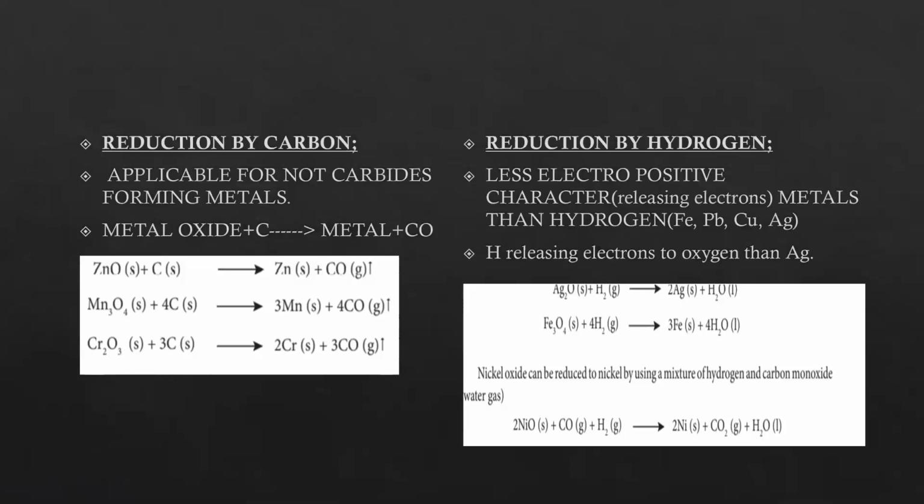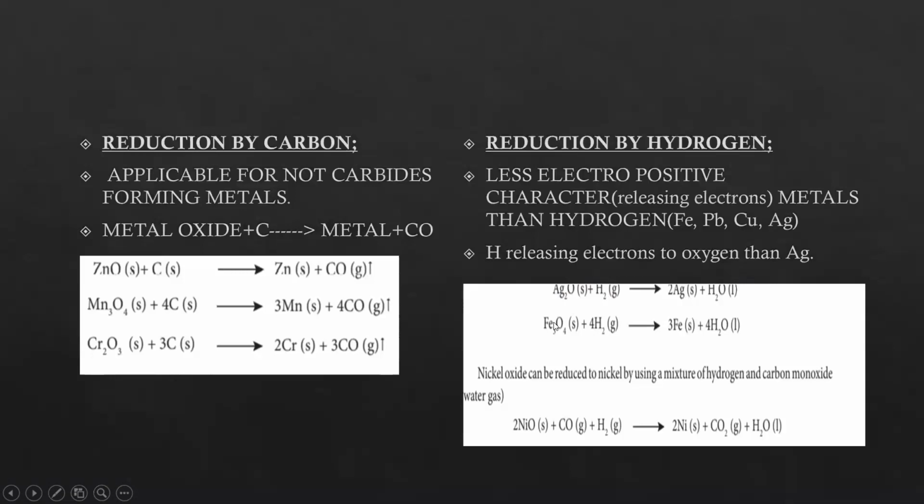See the first example now: silver oxide reacts with hydrogen. Here hydrogen is taken as the reducing agent. Hydrogen releases more electrons to the oxygen than the silver does. So hydrogen and oxygen form water, and the oxygen leaves the silver in the zero oxidation state.